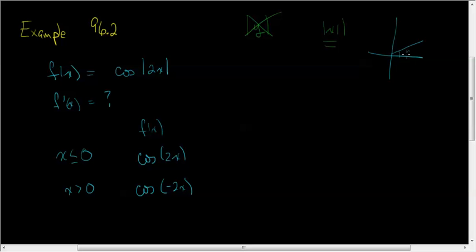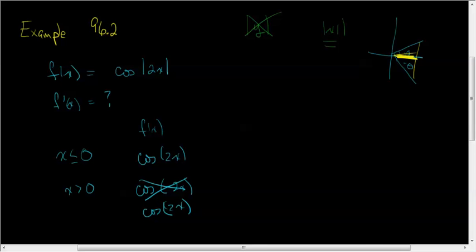This is positive theta. This is negative theta. The cosine is the x value. What do you see here? The cosine of a negative angle is equal to the cosine of a positive angle. So this doesn't make any difference. This is still cosine 2x. It doesn't matter if it's positive or negative.